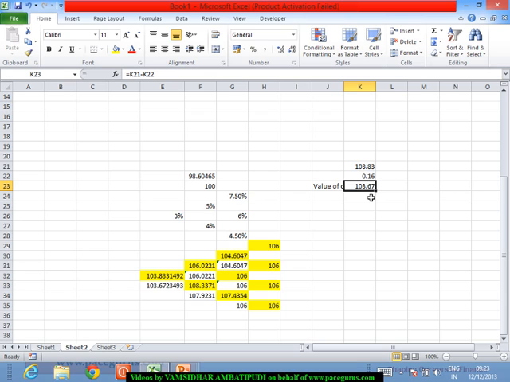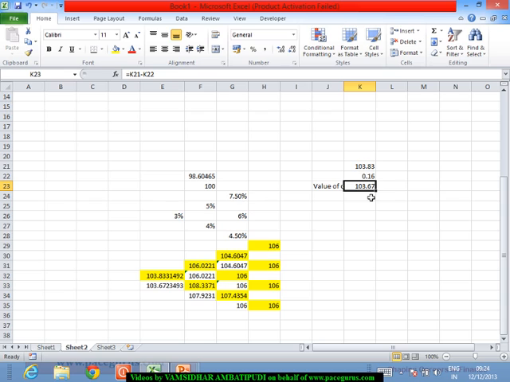So either of the ways, either you compute the value of the option free bond and then the value of the option, and subtract the value of the option from the value of the option free bond to arrive at the value of the callable bond, or you can assess that because this is a callable bond, when the market price is more than the strike price, the bond is being called and the price is going to be that strike price itself.